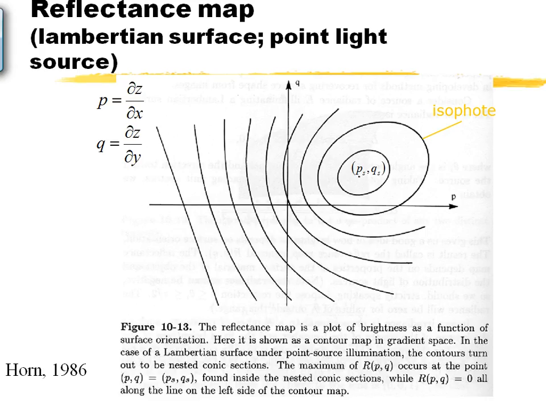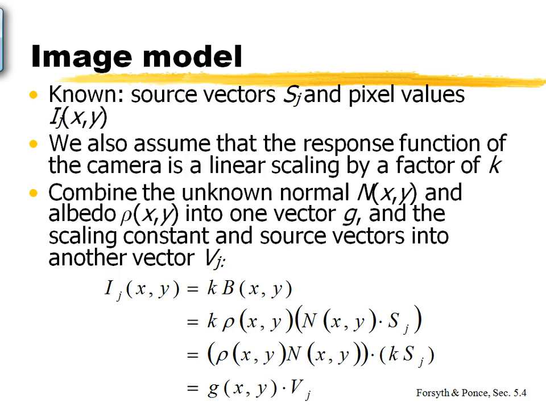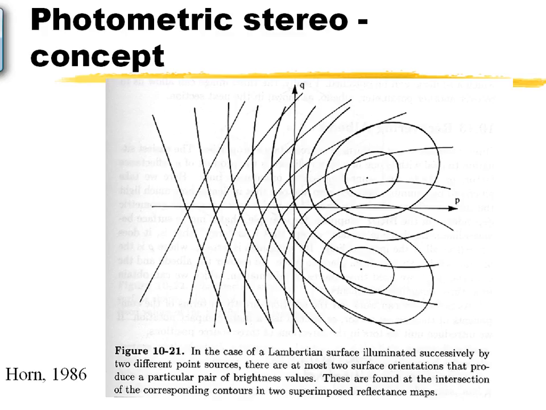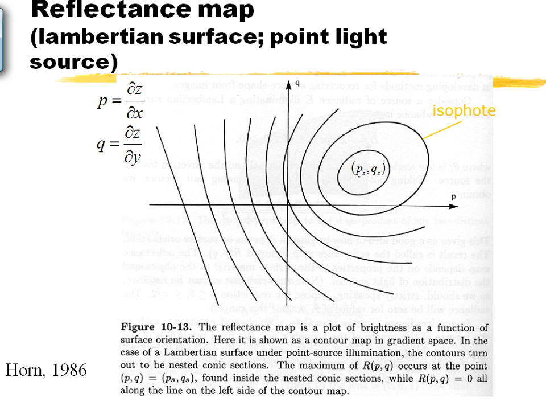The further you go from there, basically you extend out to something which is just a flat line in the gradient space. So this was actually something that was observed back in '86 by Horn. Right? So he looked at this when he was trying to solve the problem of reconstructing the surface geometry based on multiple images. So this is actually what people use in order to find the true geometry at any given surface. Of course, if you simply solve this, I get one estimate, right? For a single source of light, I get one estimate.